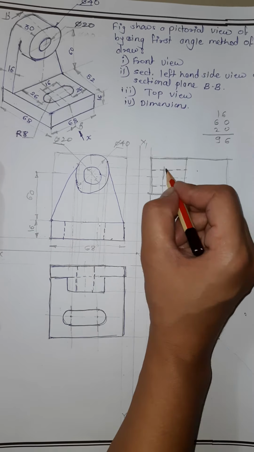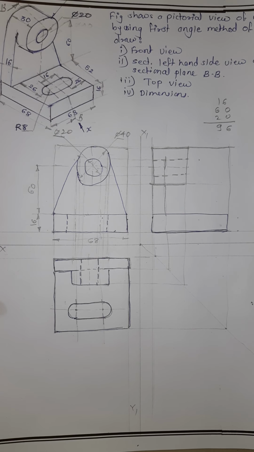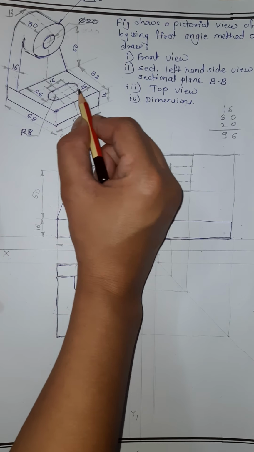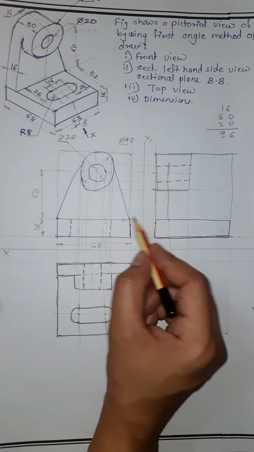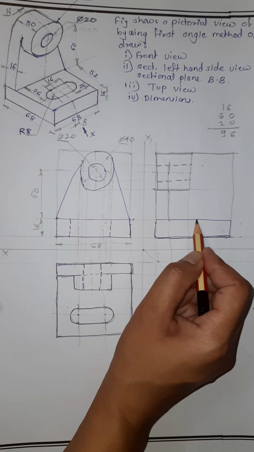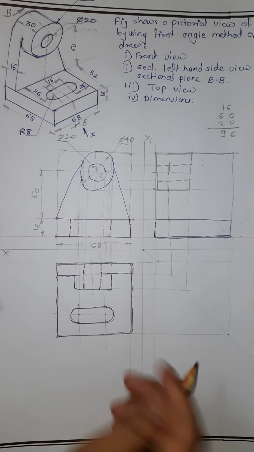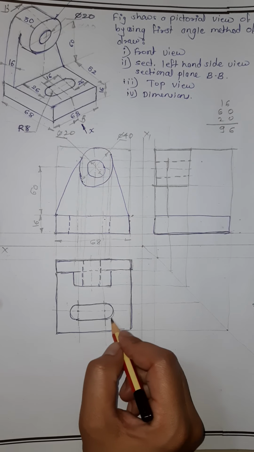Okay. Now from the left hand side view, this hole is not visible, so the height or depth of this hole is this, which you'll get from the front view, and you have its other dimension, right?